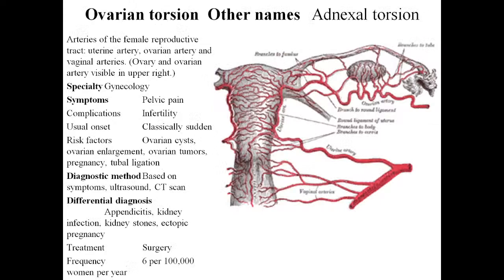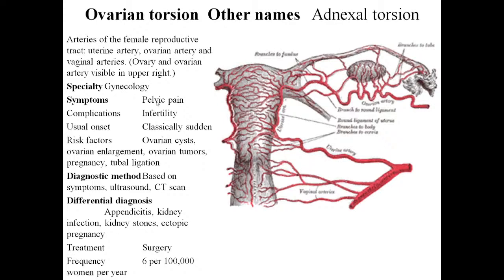The next female disease is ovarian torsion. Ovarian torsion has another name, adnexal torsion. Here are the arteries of the female reproductive tract and urinary tract: the ovarian artery and the vaginal artery.